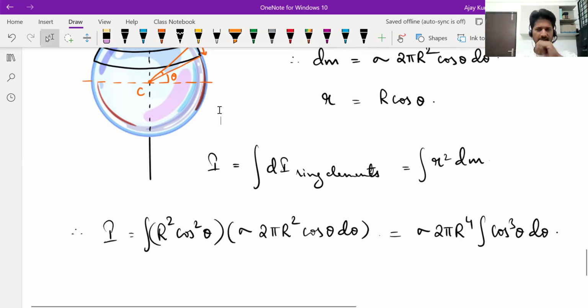Can one of you tell me how to integrate cos cube theta? Or integral cos square theta? We had discussed some ideas for that. Do any of you know the formula for cos 3 theta?